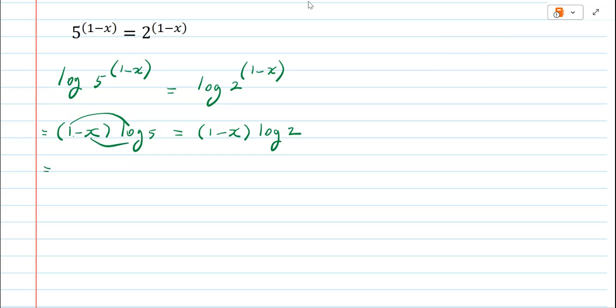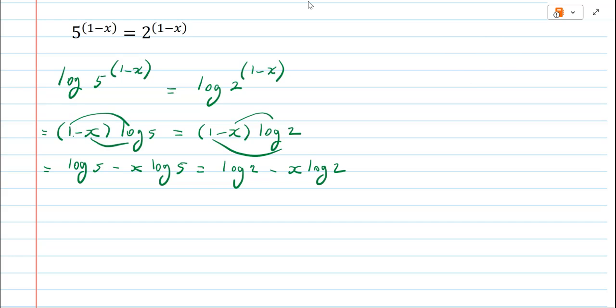So we're going to get log of 5 minus x log of 5 equals, and then we're going to do the same thing to the right hand side. That would be 1 times log of 2 is log of 2, minus x times log of 2 is x log 2. Fantastic.